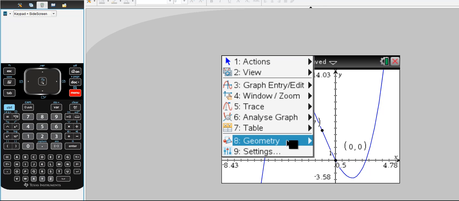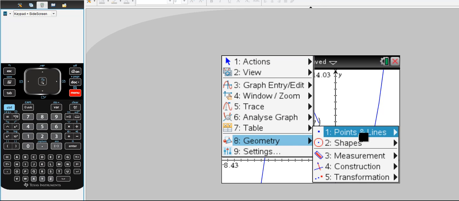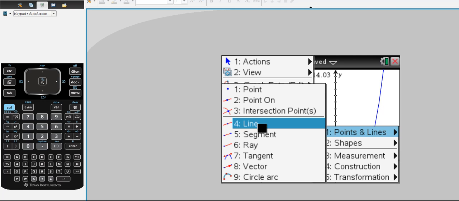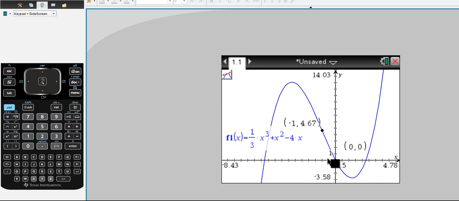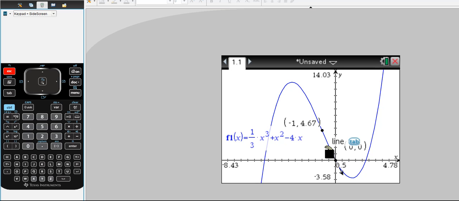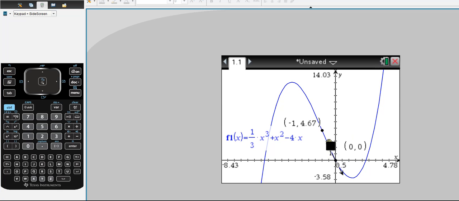Now I would like to draw a tangent to the curve that goes through this point. So I'm going to go again to geometry, points and lines, and I'm not going to draw a line, I'm going to draw a tangent because that's what we're looking for. Then I can click escape again because we're in draw mode, and then move the hand here, hold the middle button, grab it, and move it to extend the line.